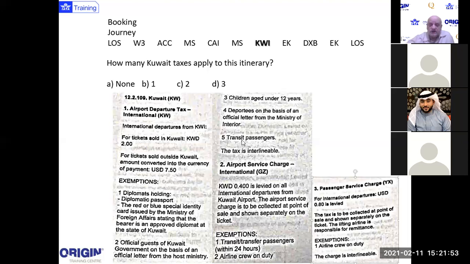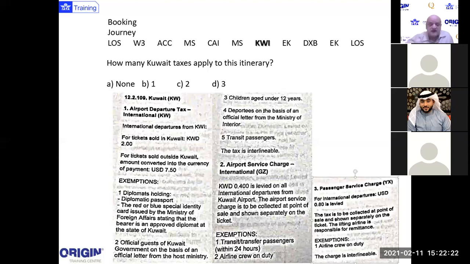Transit passenger? Well, we already know that's the fare break point, so no, not a transit passenger. And the tax is interlineable. When a tax is interlineable, it means whoever is the validating carrier, the issuing carrier, is responsible to make sure that tax is on the ticket, even if they're not flying there.